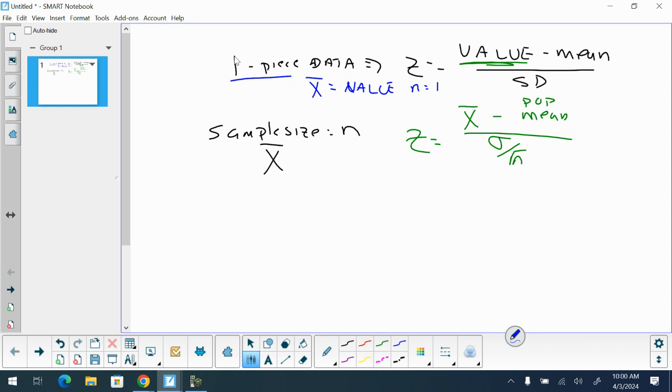If we take a look at problem number 4 on the back. If you haven't done it, you should be doing it. Problem 4 on the back. The average annual salary for Pennsylvania is $24,393 in 1992. Assuming that salaries are normally distributed, when you have the idea of a normal distribution, that means you can kick yourself into a z-value.